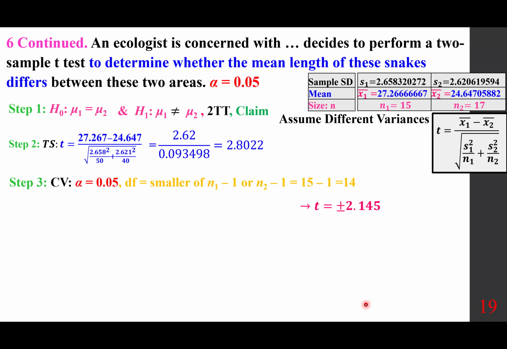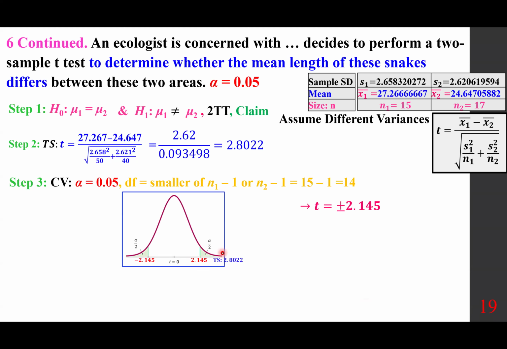We do the graph. It's extremely important to know. This is negative, this is positive 2.145. And this number, 2.8022, is way into the rejection region on the right side. So clearly reject H0.